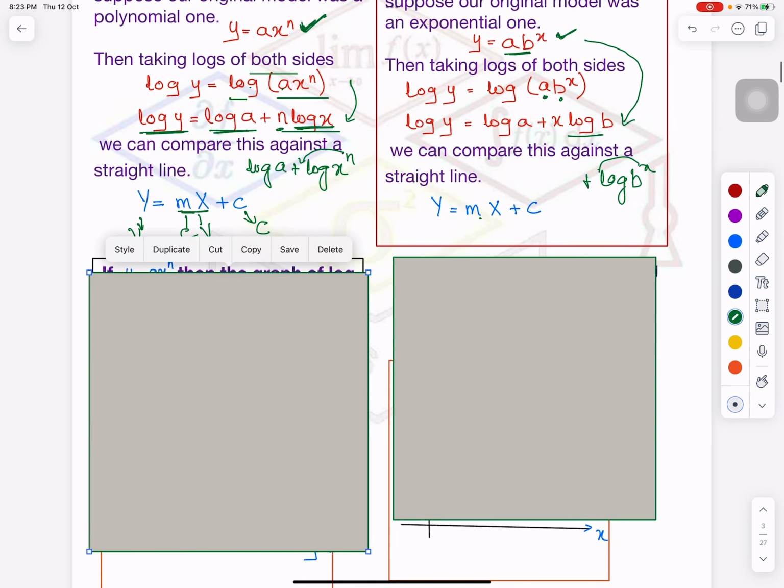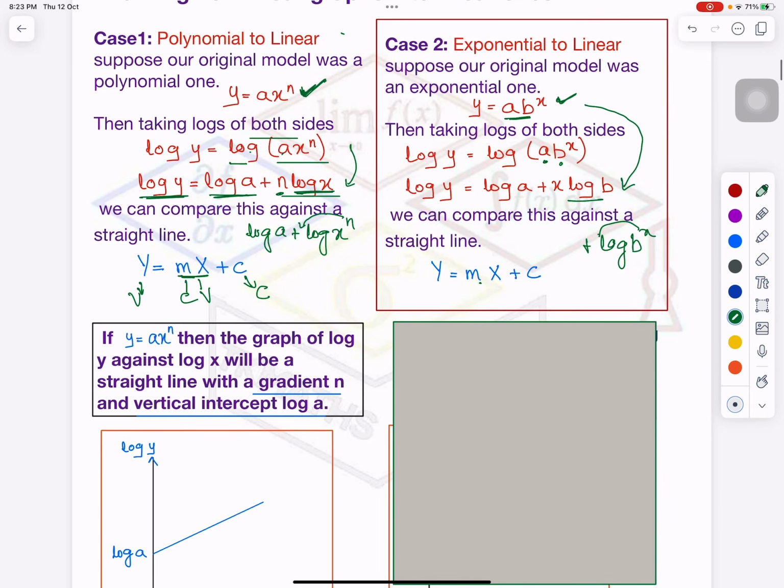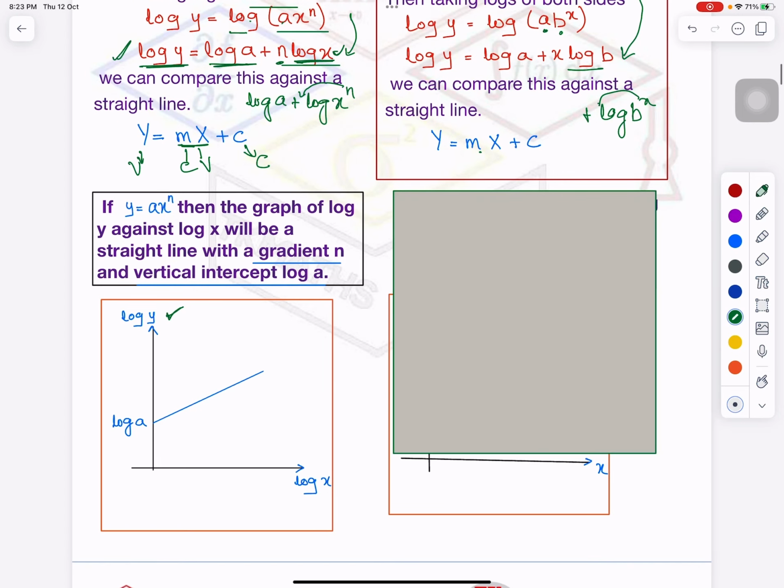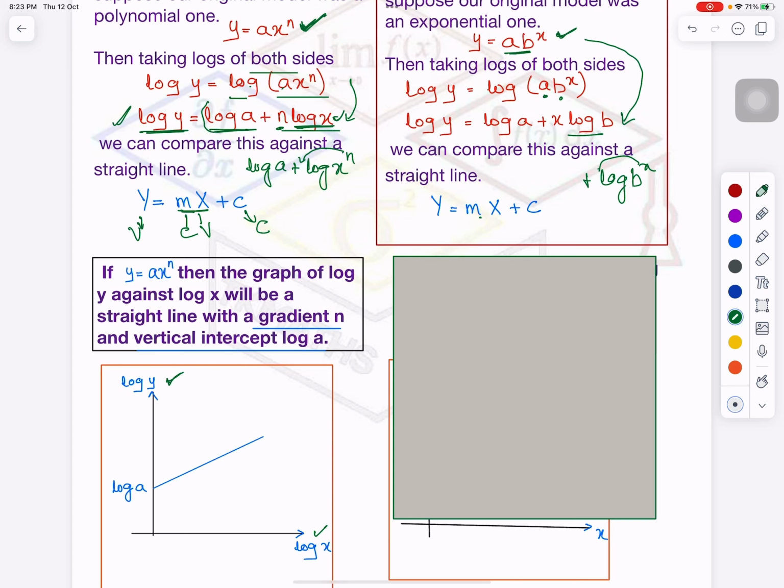I will show you their graph as well. I told you this is on the y-axis. You can notice here, on the x-axis I have log x, and this one is your c-intercept or y-intercept, so it will be log a here, right?